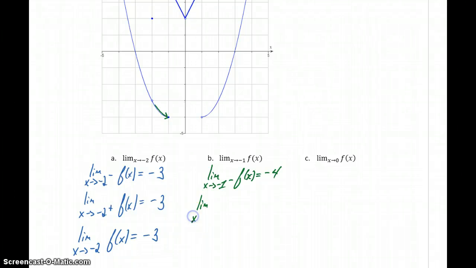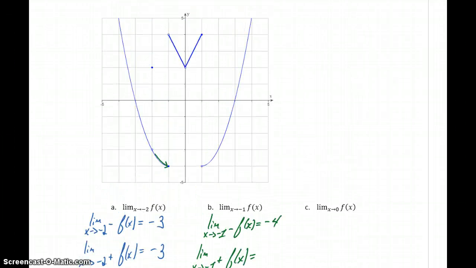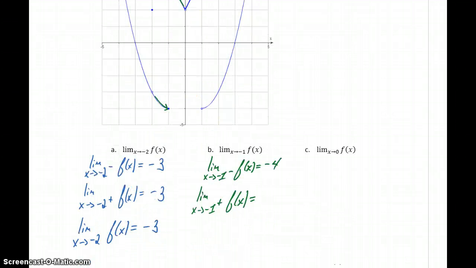We also want to consider the limit as x approaches -1 from the right-hand side of our function. In this case, as we approach from the right-hand side, we're in this different section of the graph, and we're approaching a function value of 1, 2, 3, +4.